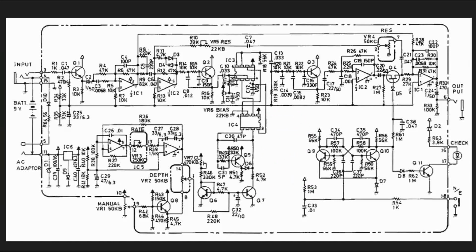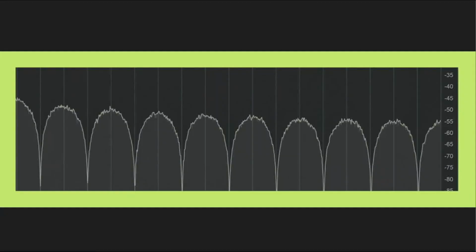But if we were to take a whole series of notches and cascade them, we get something that is called a comb filter. Okay, and the response of a comb filter looks something like this. It looks very much like the teeth of a comb, where you have a notch and then it comes back up, and a notch and it comes back up, and a notch and it comes back up.